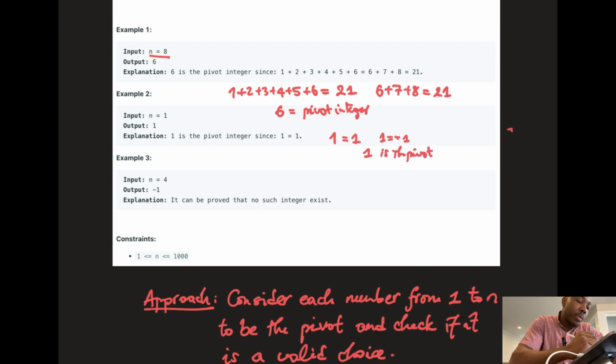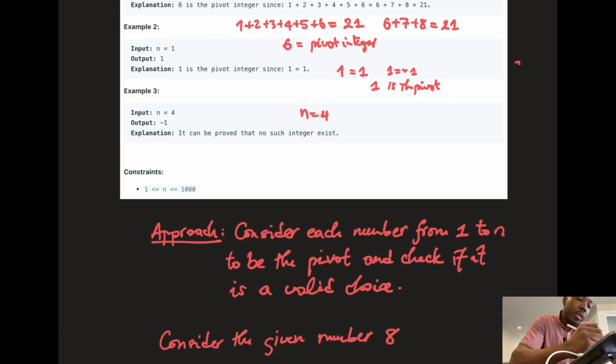And for an example that does not have any pivot, we return -1, for example with n equal 4. There is no pivot for n equal 4.